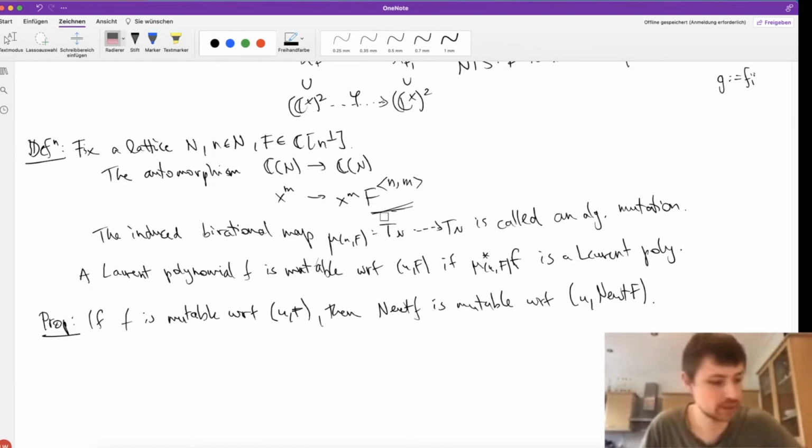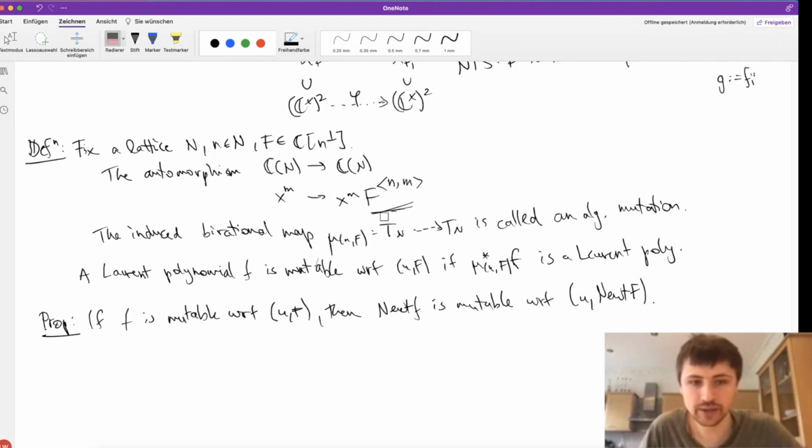And now comes the big proposition, or rather the theorem. So let phi be a volume-preserving birational map. Then two things are true.